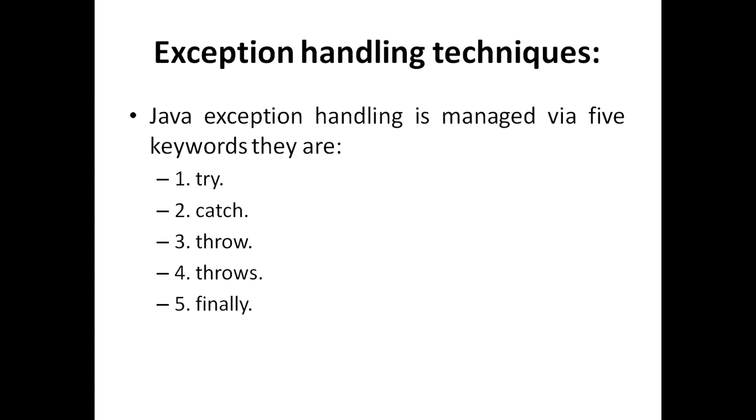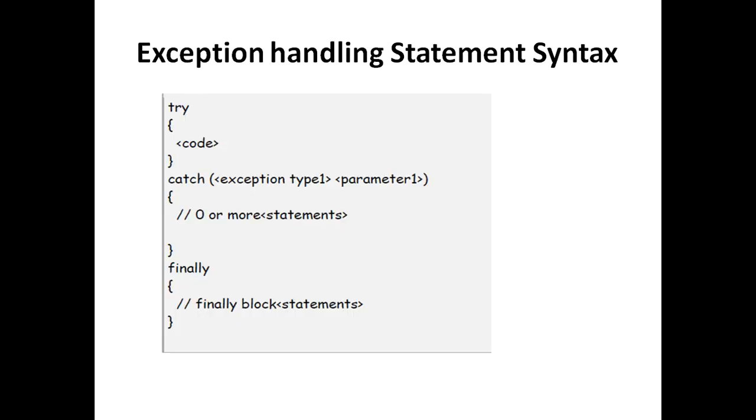So, the exception handling technique. Once a runtime error occurs in a program, we need to handle it carefully. Otherwise, your system may crash. To handle exceptions in Java, we use five keywords: try, catch, throw, throws, and finally. The syntax of exception handling statements is: first we include the try, which is a block in which we include a statement which may give you a runtime error in the program, followed by a catch statement.